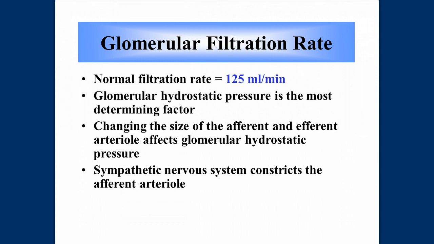If the afferent arteriole is its normal size, larger usually than the efferent, but now the efferent is constricting, it's going to become even more narrowed. So you're going to have a higher glomerular hydrostatic pressure. With a higher glomerular hydrostatic pressure, you're going to have a higher glomerular filtration rate. So that's two ways that the sympathetic nervous system can affect the hydrostatic pressure in those vessels.